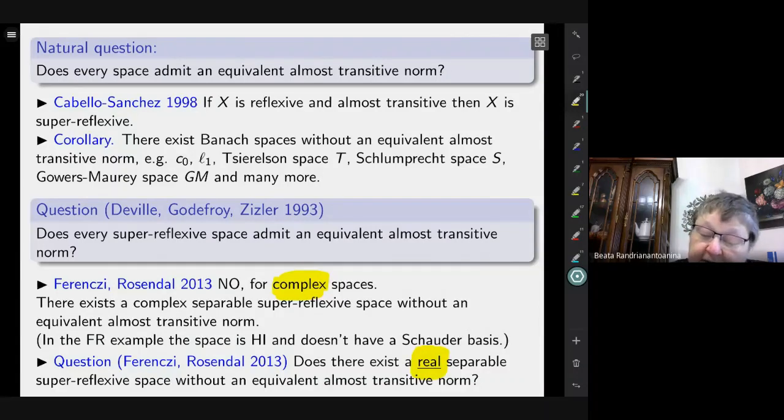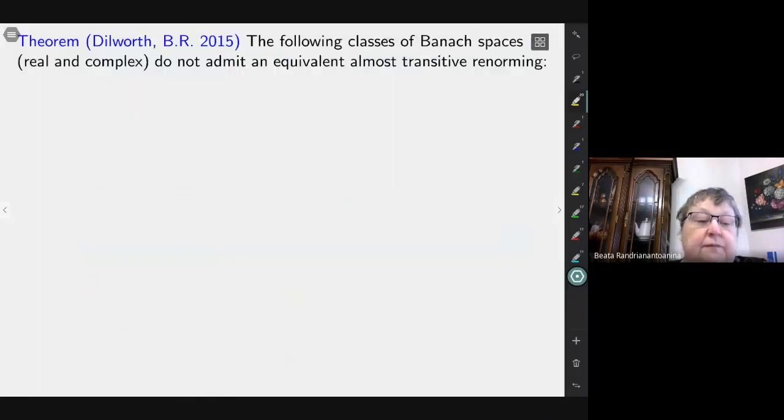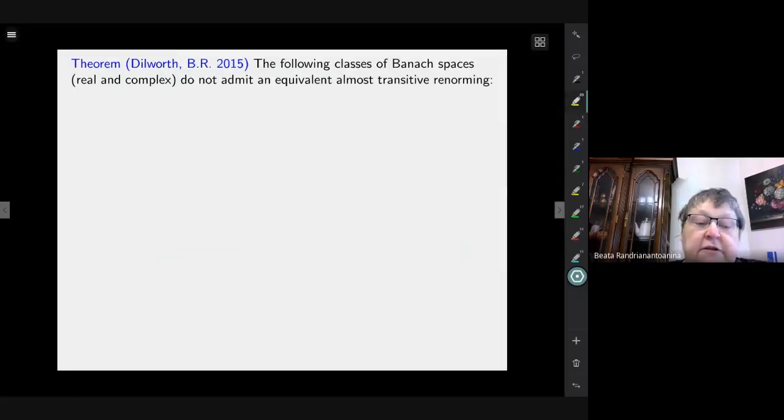When I say real, I mean over the real scalars. This question was answered by myself and Dilworth in 2015. We found a long list of classes of Banach spaces which do not admit an equivalent almost transitive renorming.